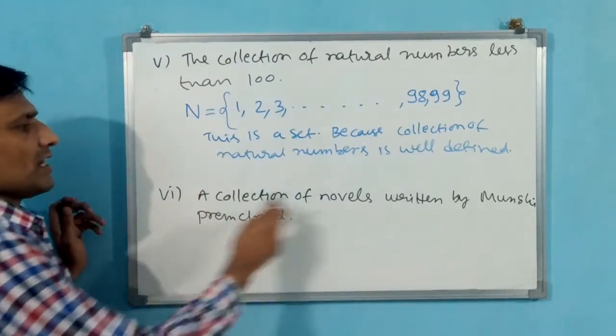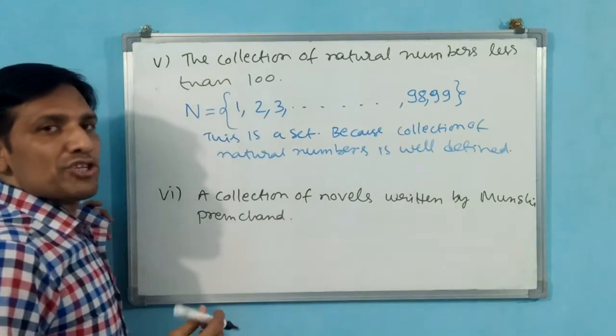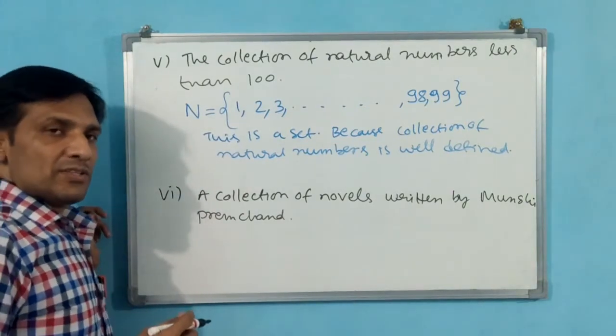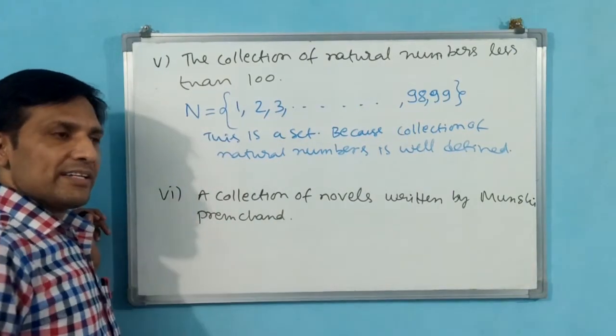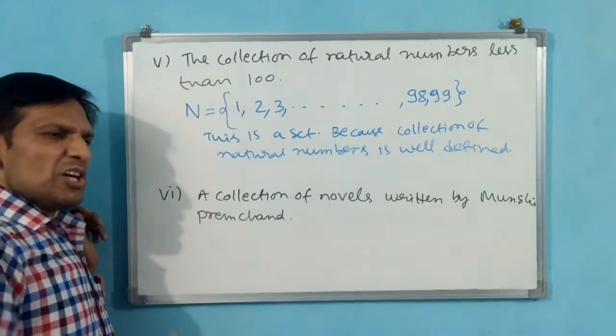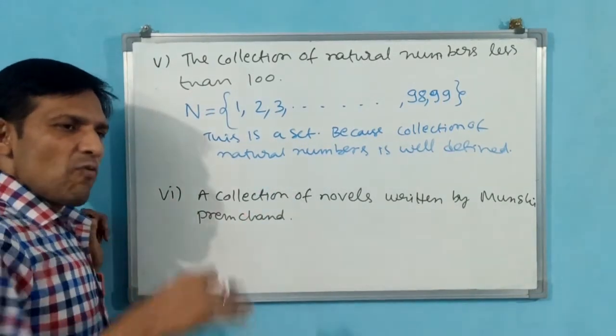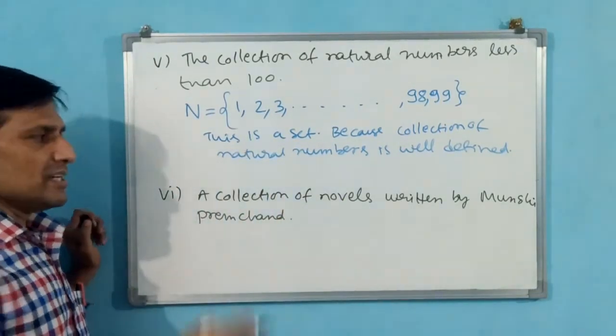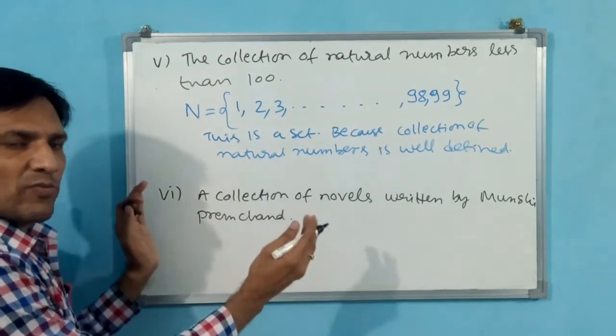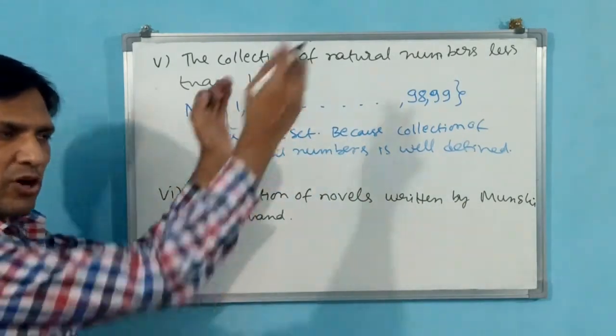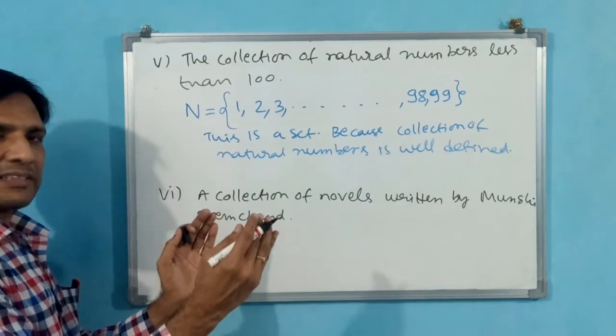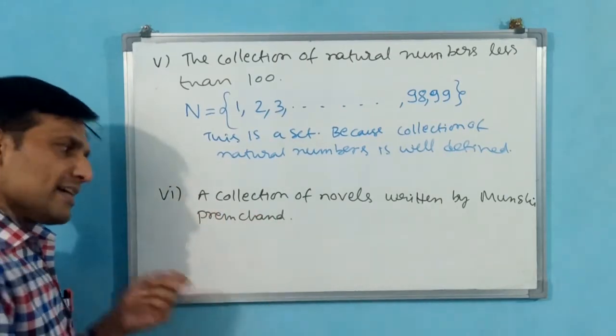Now you see, collection of novels written by Munshi Premchand. See here, they have not exaggerated with most famous, least talented, worst novel, like that. They are simply asking for the collection of novels written by Munshi Premchand. You have to make a list and make a collection. Set only, yes.